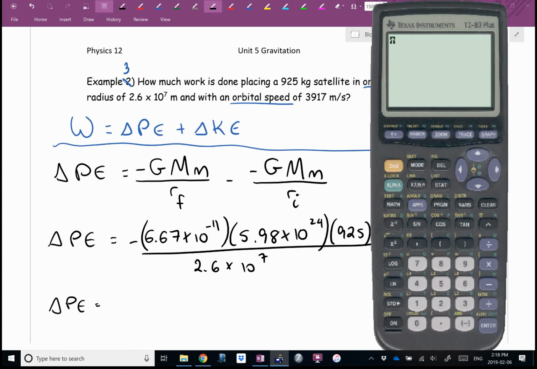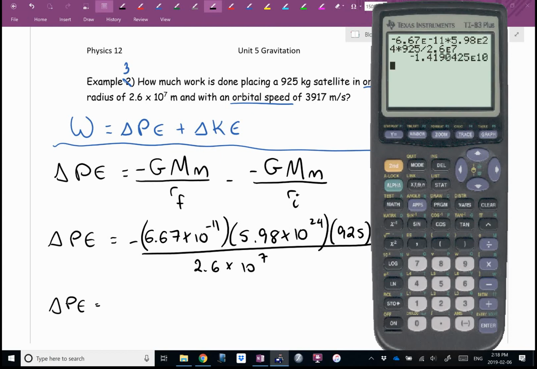So I'm going to keep going back in my work until there's a 6.67 and a 5.98. All I need to do is stick a negative in front of it and then type over the rest of the numbers. So instead of times 1200 times 925 divided by 2.6 times 10 to the 7th, delete the rest. That's a win.